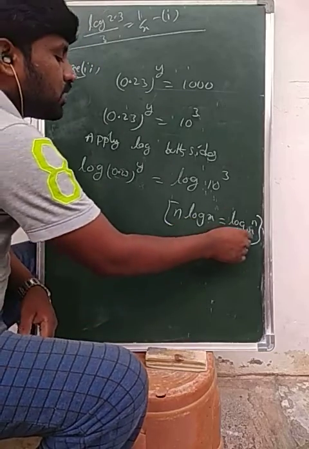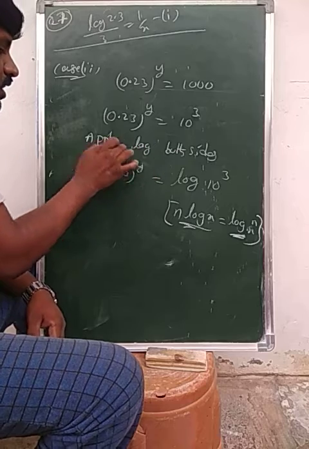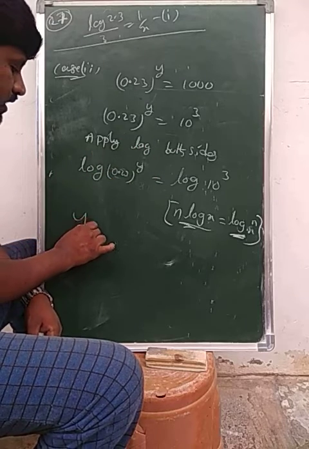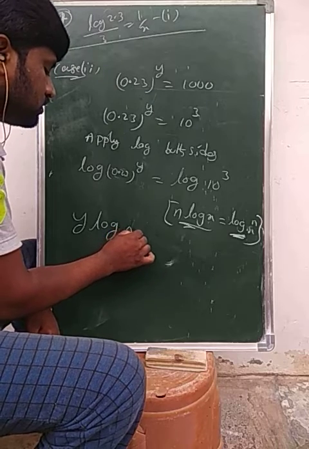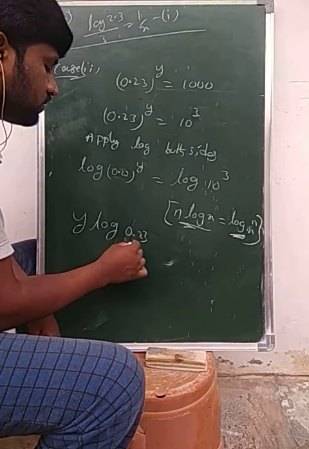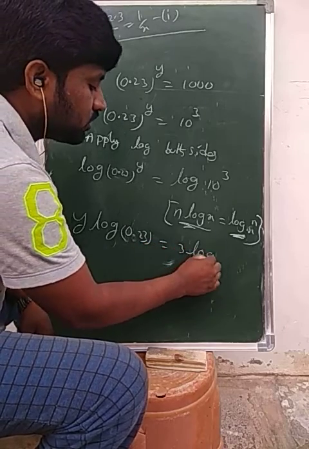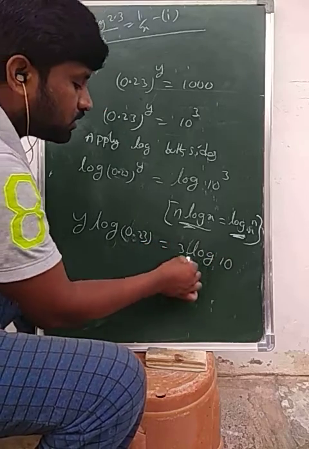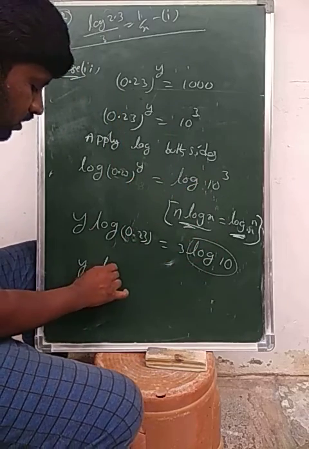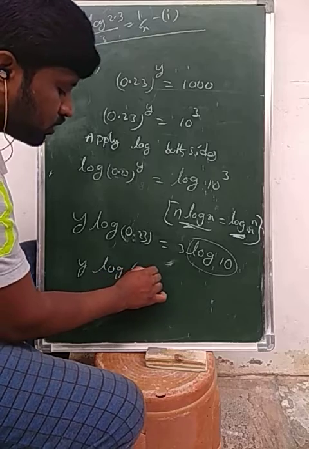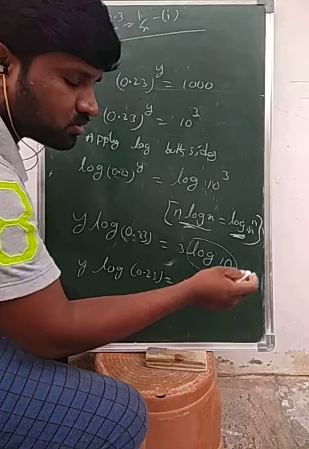So we can write it as y log of 0.23 is equals to 3 log of 10. The value of log 10 is 1. So y log of 0.23 is equals to 3 times log 10, which is 1.